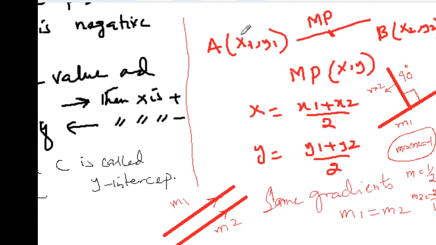So both will be reciprocals of each other, but with opposite signs. Like if one is 3 over 2, the other will be minus 2 over 3. Okay, I'm explaining it again here. I want to erase this part.